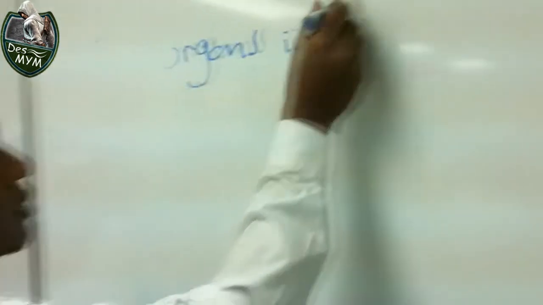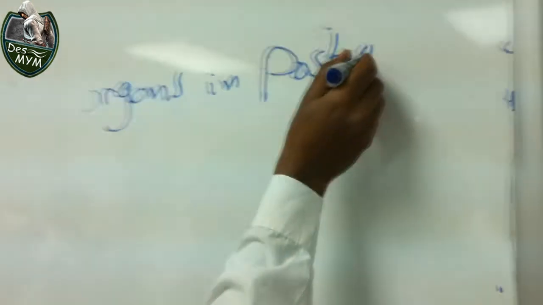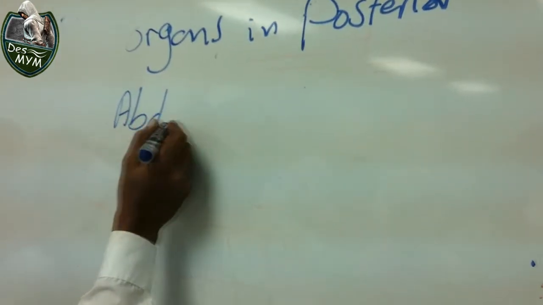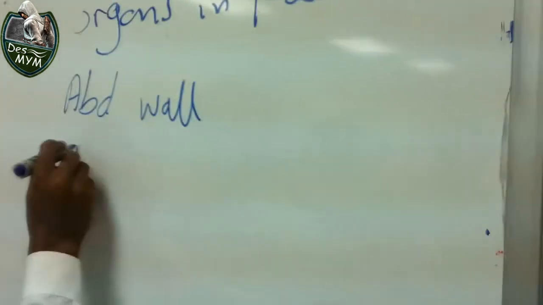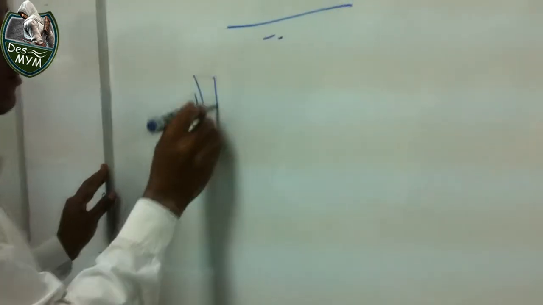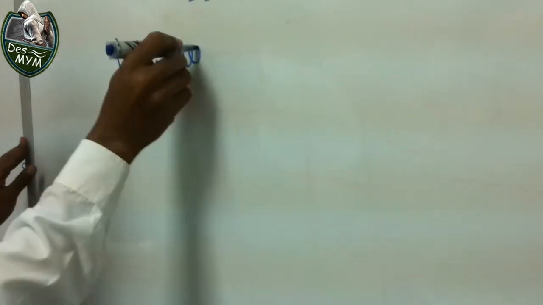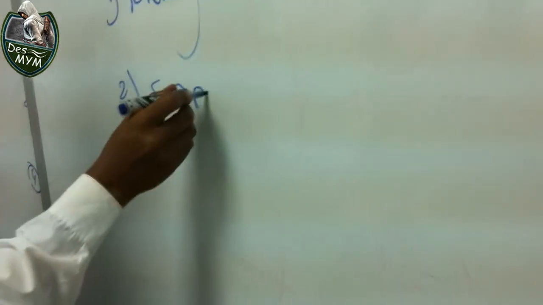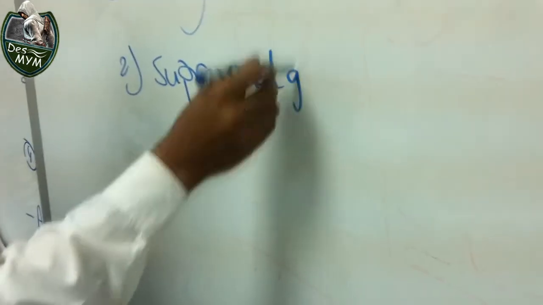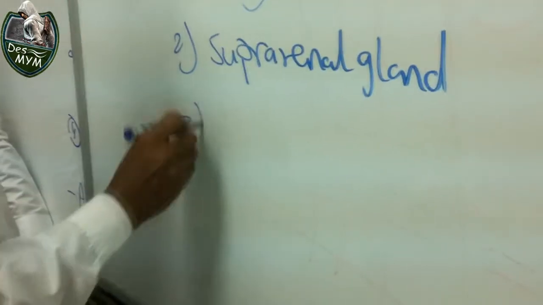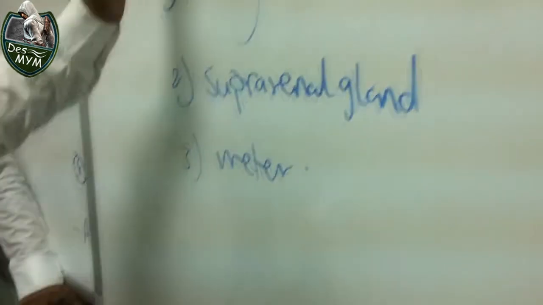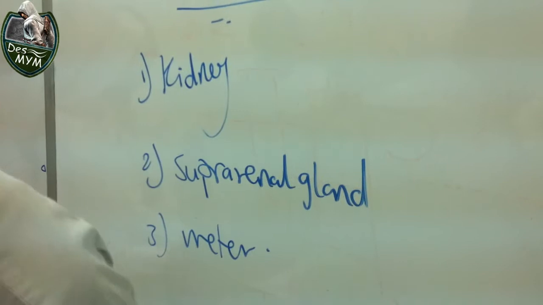Organs in the posterior abdominal wall: kidney, suprarenal gland, ureter. Okay, these are the structures in the posterior abdominal wall.